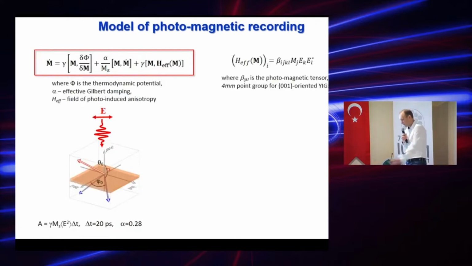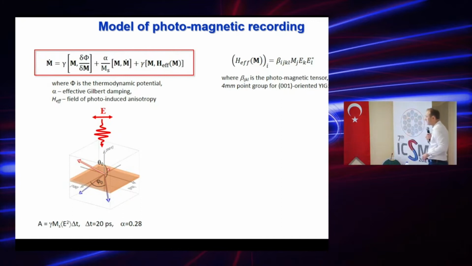To describe our results, we propose a phenomenological model based on the classical LLG equation. You can see the first two terms exactly correspond to the LLG equation. The thermodynamic potential is in the form of the free energy. Here we put the magnetocrystalline anisotropy.